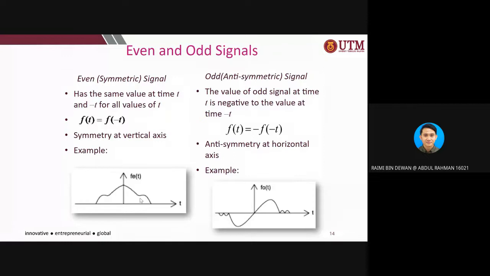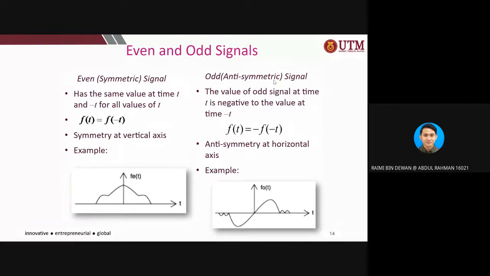At t equals 1, f(t) is 1, and at t equals negative 1, f(t) is equal to 1 as well. So the even signal is as if you put a mirror in the middle: symmetry about the vertical axis.